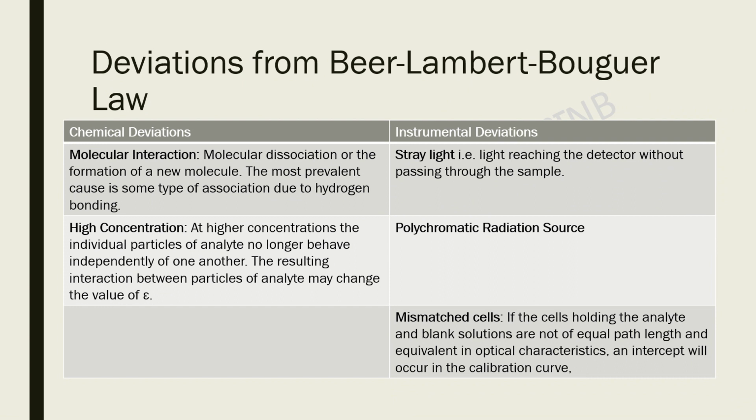The cells holding the analyte in the UV-visible region are also known as cuvettes. If the cells holding the analyte and blank solutions are not of equal path length and equivalent in optical characteristics, an intercept will occur in the calibration curve. And depending upon the Beer-Lambert law, we can calculate the absorption or the concentration keeping the path length constant.